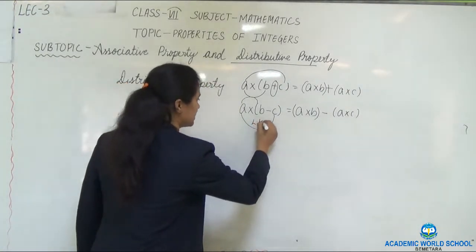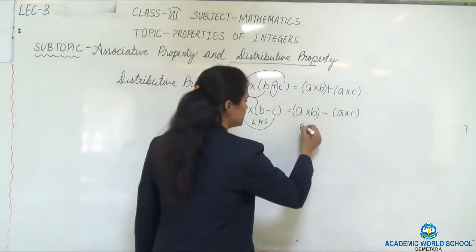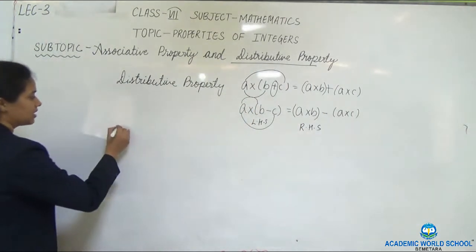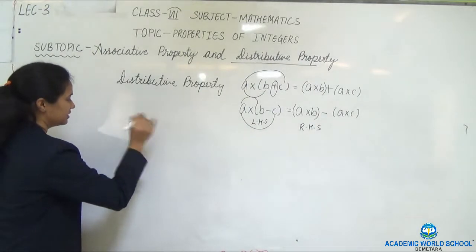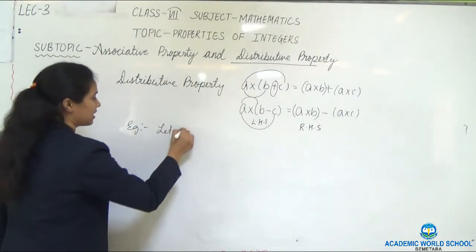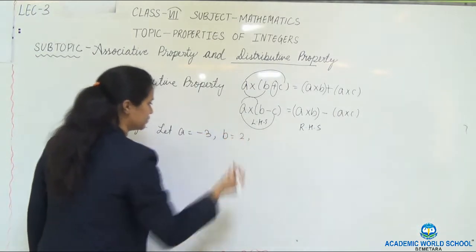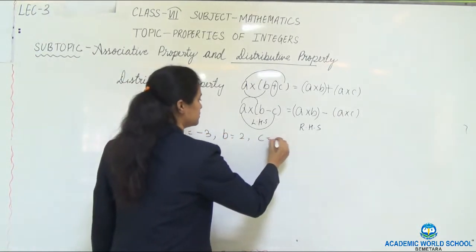Again we need to see that left hand side is equal to right hand side. So consider an example. Let A equals -3, B equals 2 and C equals -4.